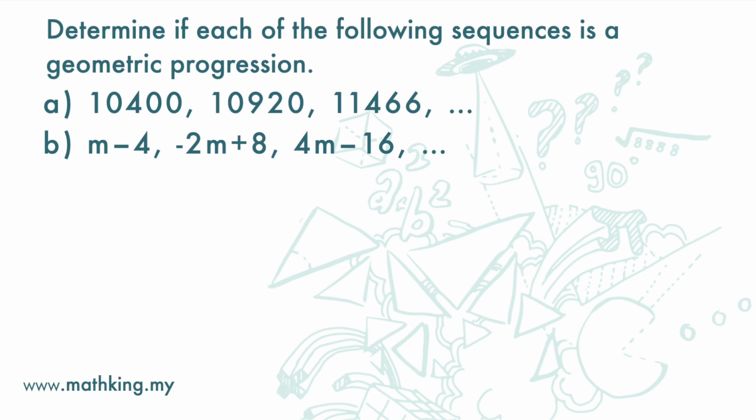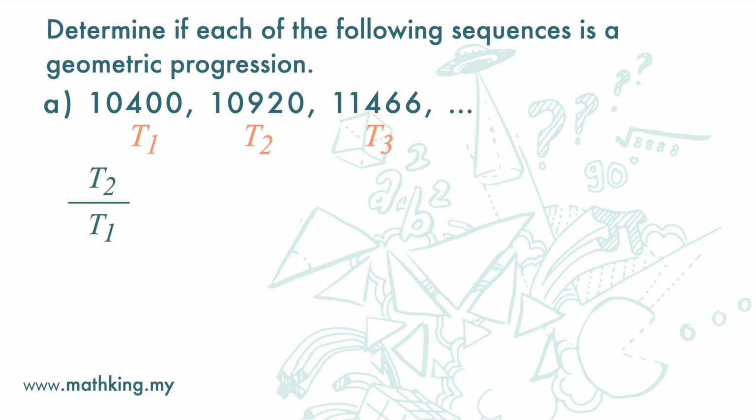Determine if each of the following sequences is a geometric progression. To determine whether this is a geometric progression, we see whether we get a common ratio in the progression. This is T1, T2, T3. Common ratio is T2 over T1 or T3 over T2.